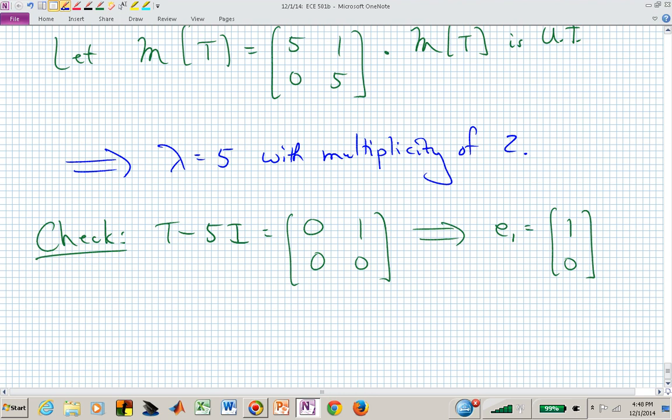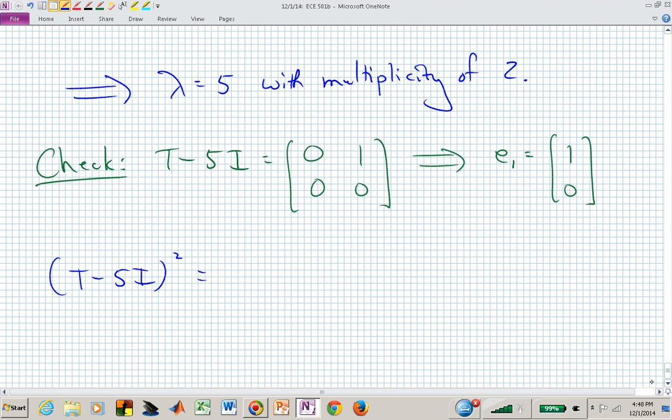Which means that we now have to go to the idea of generalized eigenvectors. If I now square T minus 5I, what matrix does that produce?